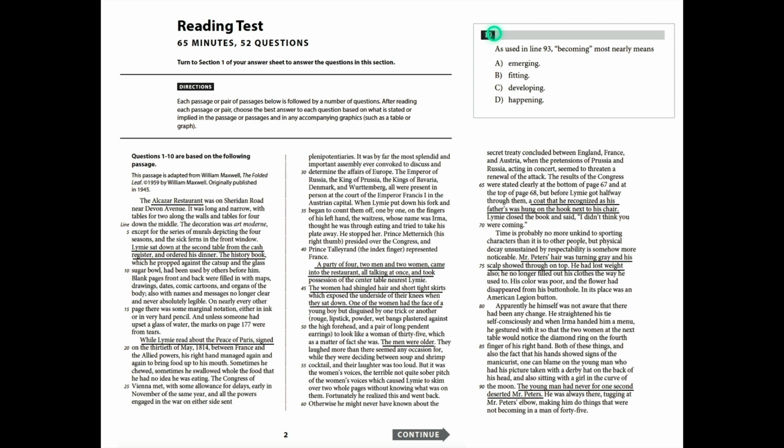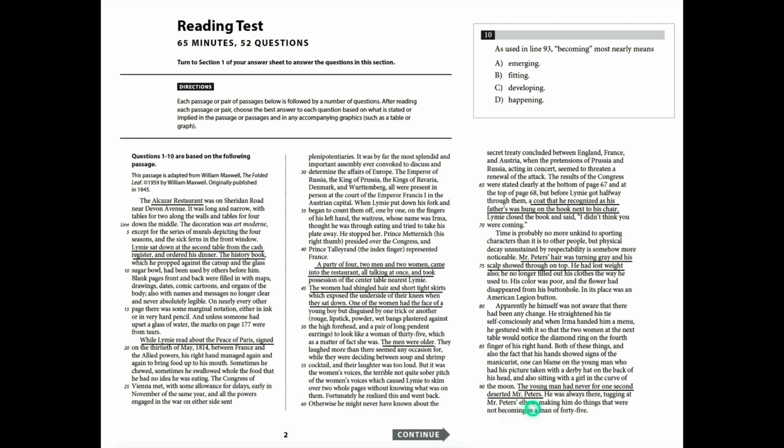There's usually two of them in a passage. And if we go down to line 93, we see the word becoming. So what we're going to have to do is read the sentence and insert each of these words for becoming and see which of the answer choices means the same as the word becoming.